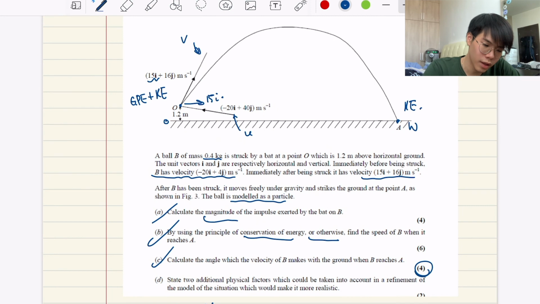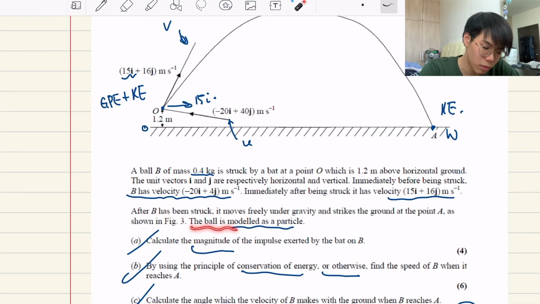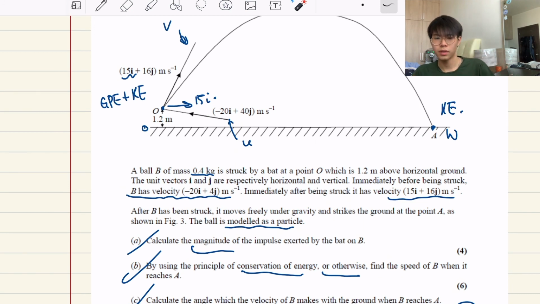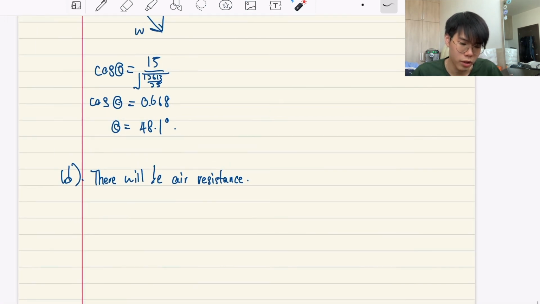Okay, the second thing, which will definitely happen in real life but not in this model. Here, the ball is modeled as a particle, which means the ball does not have dimension, which means it doesn't spin, because when the ball spins, it causes a rotational effect on it, so the values will be different too.